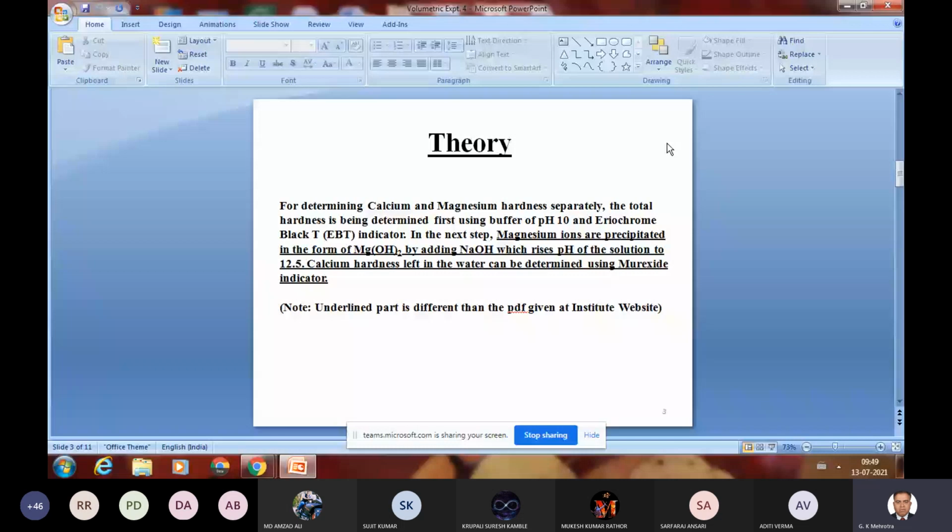If you write the reactions involved, at the end point there is the sharp blue color change I have explained. How does it occur? When we determine the total hardness, calcium and magnesium together, there is one end point only, and at that point there is a competition between calcium and magnesium to bind with EDTA.